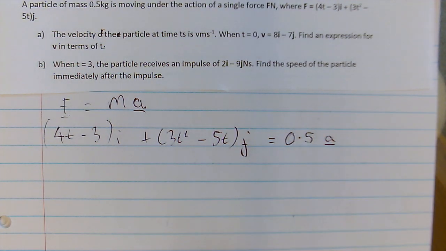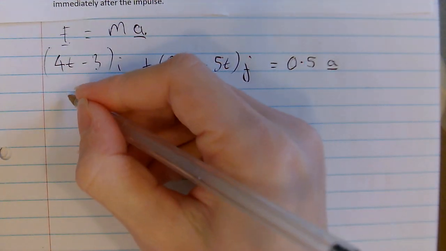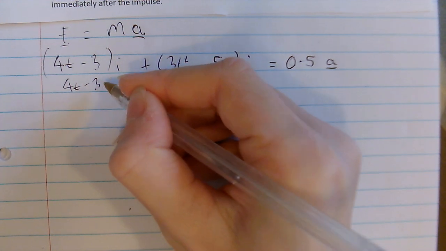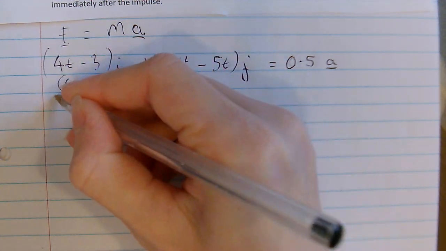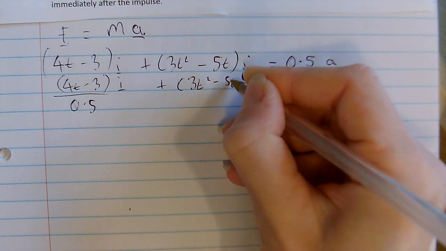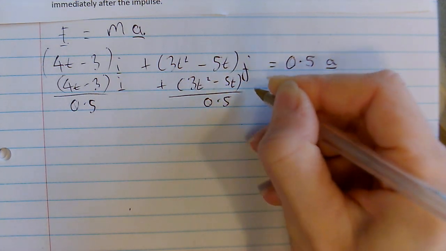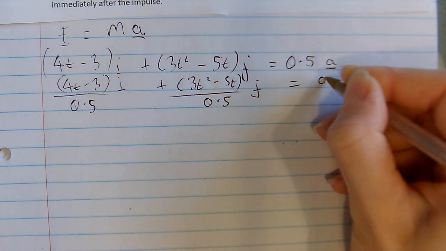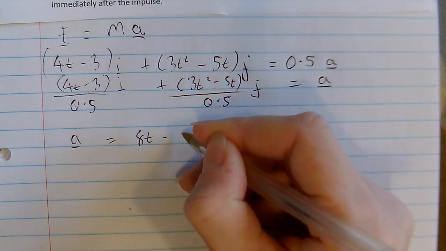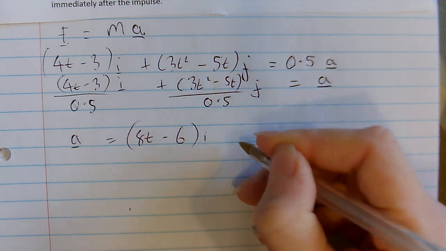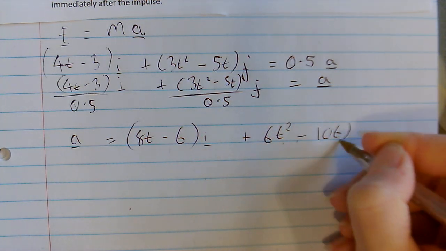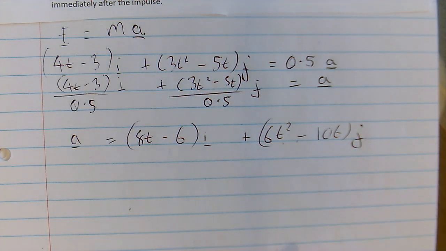And then to get acceleration, I can divide all the left-hand side by 0.5. Dividing this side by 0.5 gives me (8t minus 6)i plus (6t squared minus 10t)j. So that's my expression for acceleration.